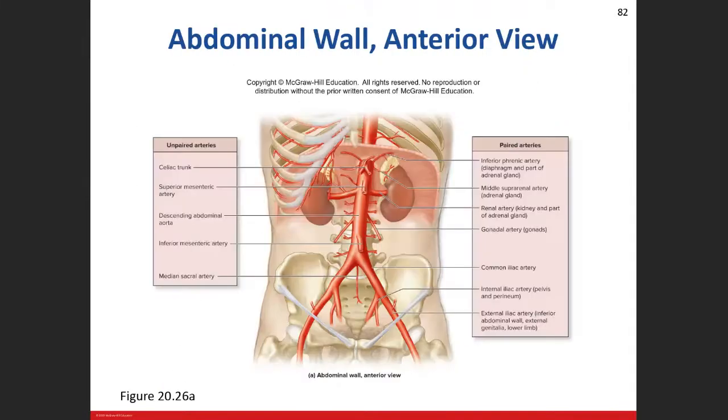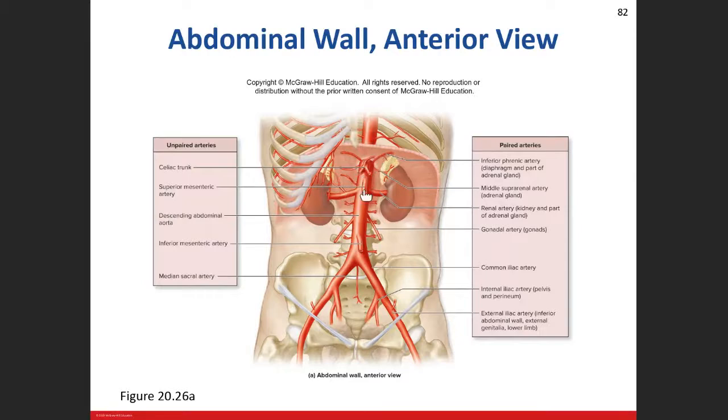You can see here just a quick review of some of the arteries that come off of the descending abdominal aorta. That first branch, that's the celiac trunk. And the celiac trunk, again, it's very small, but then it gives off three branches: the left gastric, the splenic artery, and then the common hepatic artery.